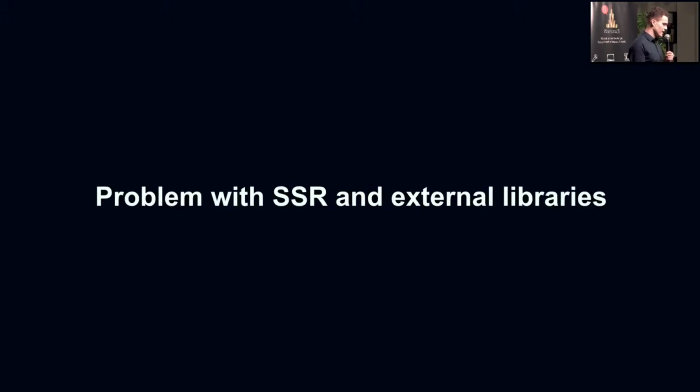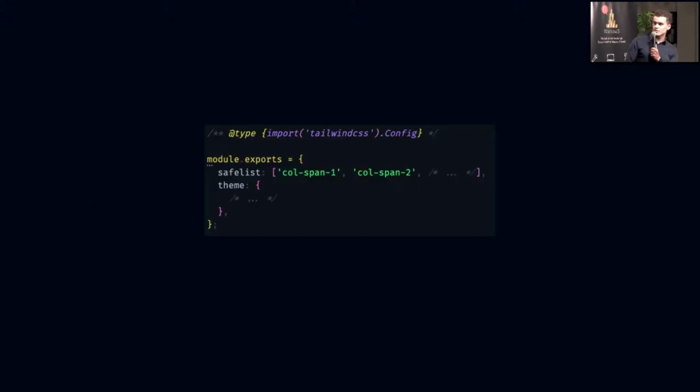Or something very heavy when it's just time-consuming to figure out. And we also had a problem with server-side rendering and using external libraries, because sometimes classes weren't detected by the Tailwind engine. There's a solution to this, because Tailwind gives you the safelist where you can place all the classes required to make your project look like you want.